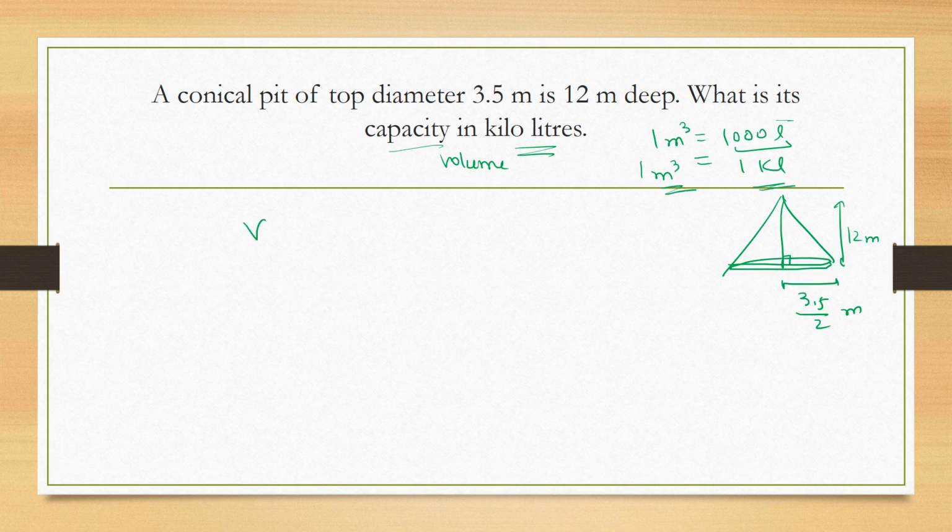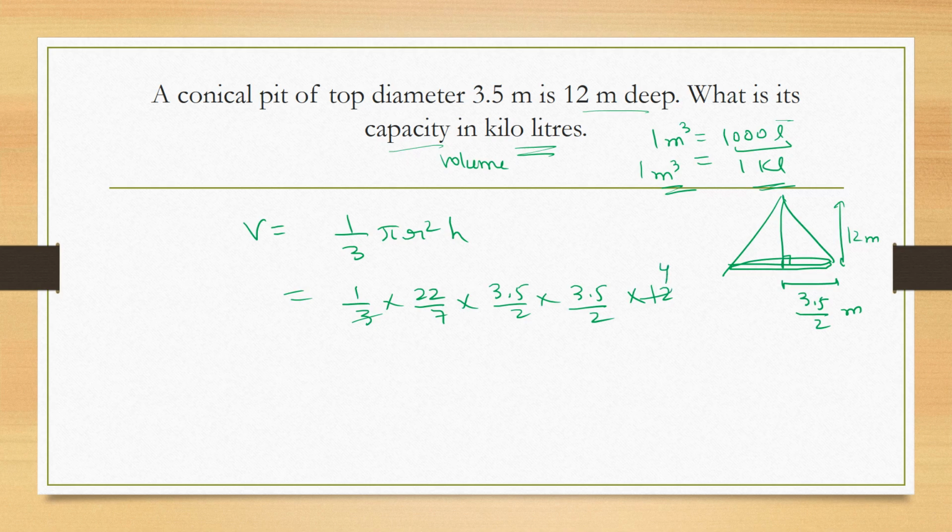Okay, what is the formula of volume of a cone? 1 by 3 pi r square h, right? So 1 by 3 pi is 22 by 7. R is 3.5 by 2. So square means 2 times. And height is 12. Then 12 meter deep, yes. So 3 4s are 12. 2 2s are 4. Point comes down as 100. 7 5s are 35.